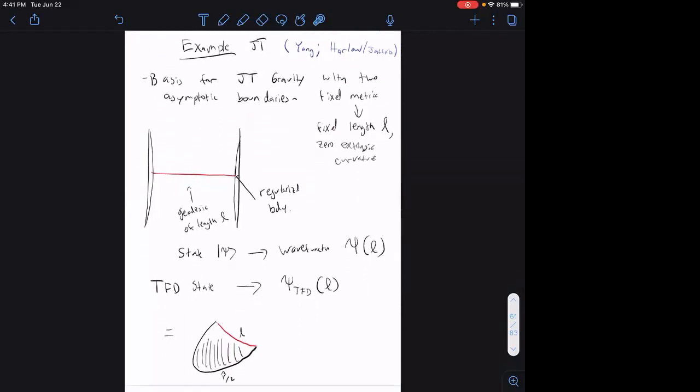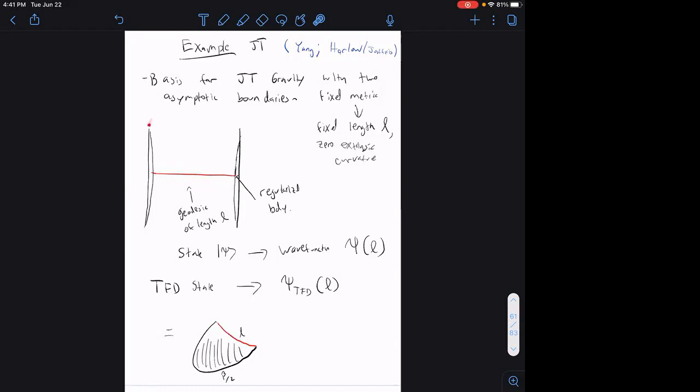So in JT gravity, it's somewhat easy to deal with this wave function and the path integral which produces it. So our goal is to talk about the wave function of this two-sided black hole in JT gravity.